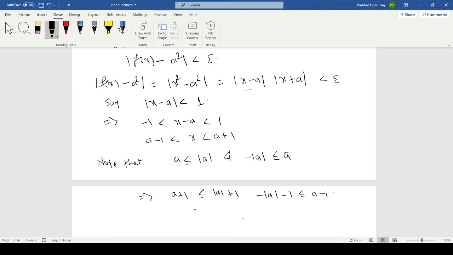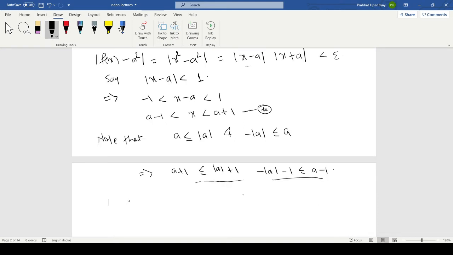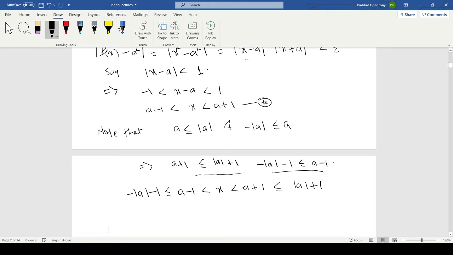If I make use of this inequality, I will have minus mod a minus 1 less than or equal to a minus 1 less than x less than a plus 1 less than or equal to mod a plus 1.